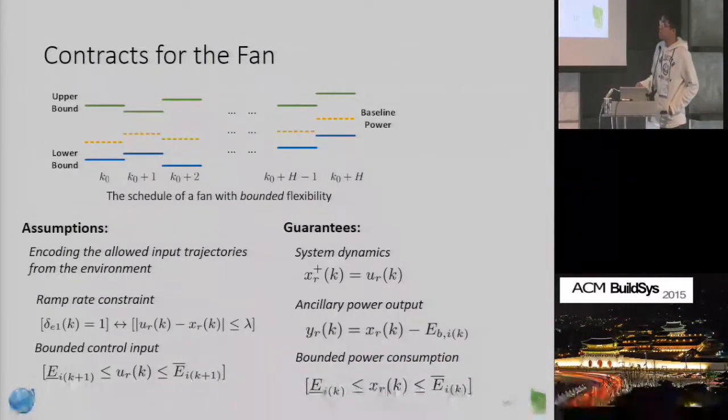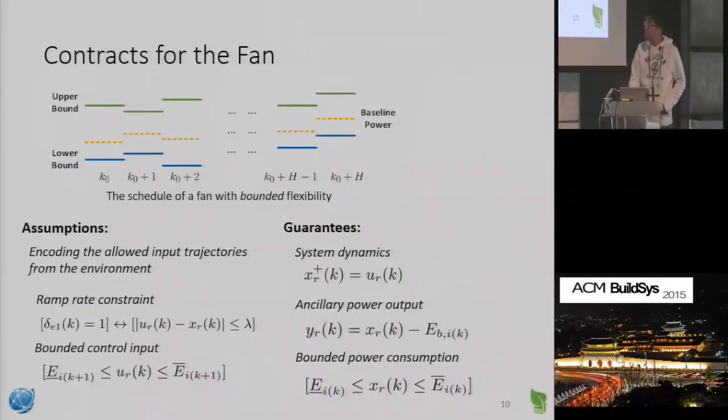Similar to the previous case, we have a set of assumptions, which encodes the ramp rate constraint. That means the power consumption or the fan speed between two subsequent states cannot exceed a certain number, as well as the bounded control input. And we also have this set of guarantees. This set of assumptions and guarantees encodes the interface exposed by the fan to the aggregator.